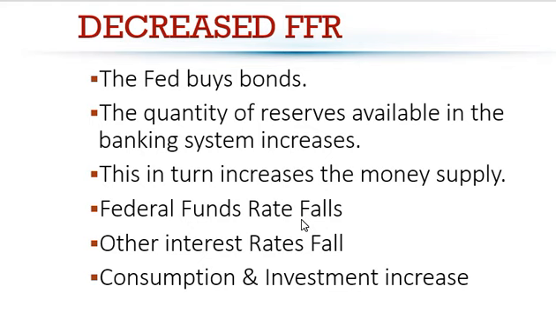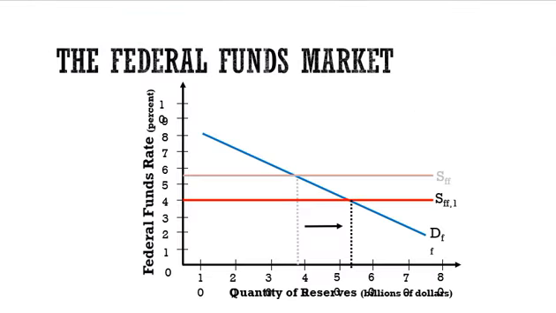So when the federal funds rate falls, banks reduce the interest rates on other things as well. When interest rates go down, we're going to buy more refrigerators, more cars. So consumption is going to increase, and investment is going to increase because we're going to buy new homes and firms are going to invest in new capital. That's what this is going to look like in our federal funds market.